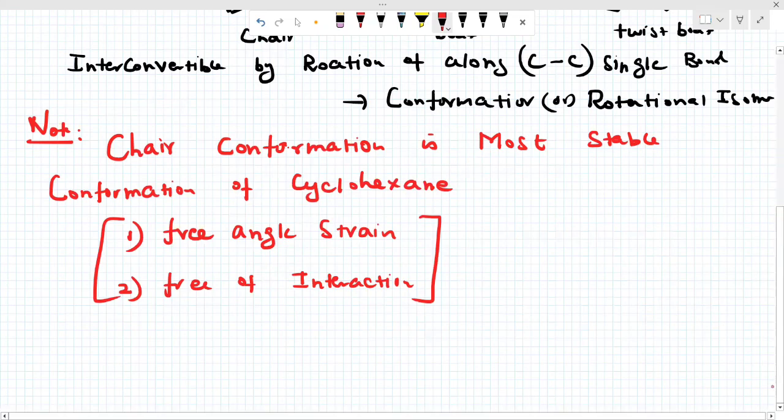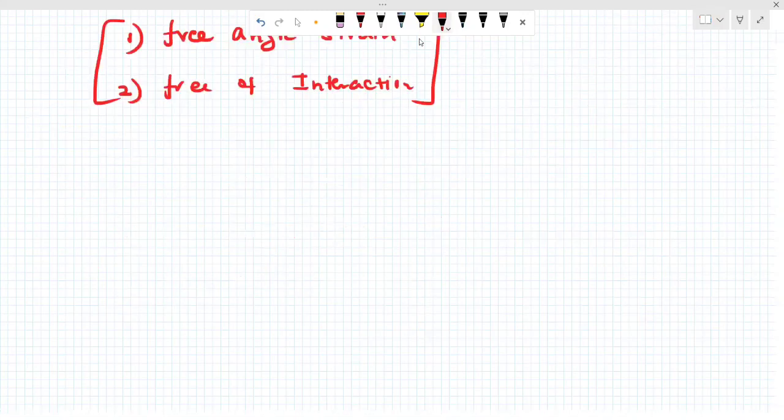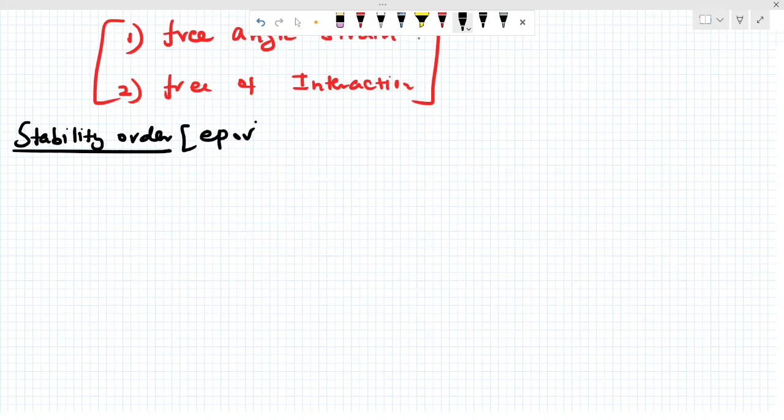Now note the stability order of cyclohexane. Please note, this is very important from the exam point of view. They will ask it in MSc level entrance exams.